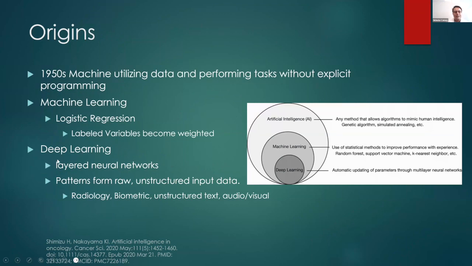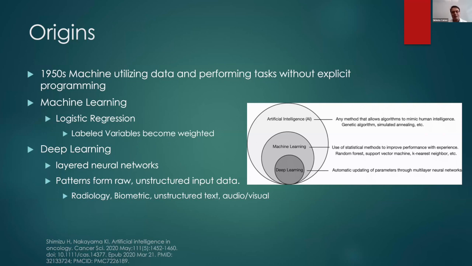So the idea of artificial intelligence started around the 1950s, where machines are able to utilize data and perform tasks without explicit programming. And then later that developed into something called machine learning. That's a lot of different areas of math and computer science, one being logistic regression, where we label variables and then you input it into an algorithm or computer program and it becomes weighted.